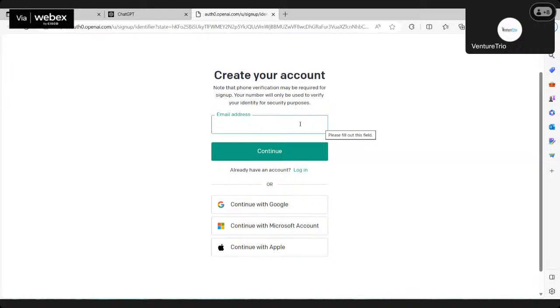Gmail, Rediffmail, any type of email ID. And then continue. If you are already logged in with your Gmail ID, then you simply click continue with Google. If you have a Microsoft email ID, you can click here. If you are using an Apple iPhone, then you can click here.